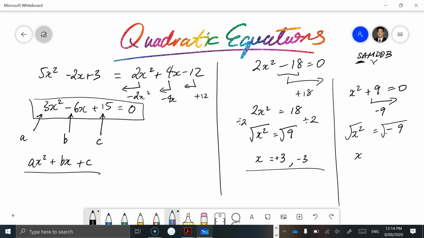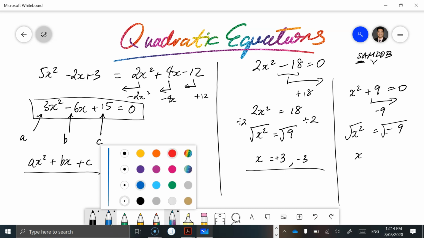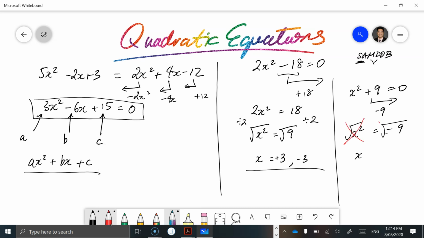The problem here is that you can't square root a negative number. That is not possible. You can only square root a positive number. Because you can't square root a negative number, I'm going to put a red cross on both of these.